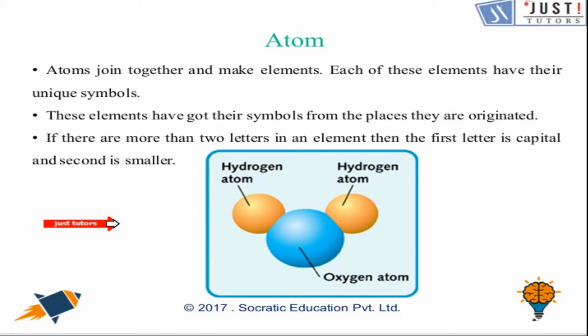These elements have got their symbol from the place they originated. If there are two letters in any element symbol, then the first letter is capital and second is smaller. So you have to keep in mind while writing any molecule, if there are two different elements, your first letter will be in capital and second will be in smaller.